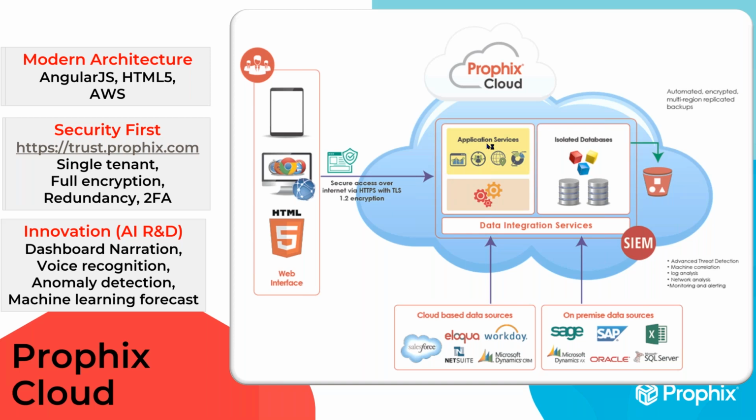Let me jump in, Rob. The Prophix solution is just like the Tableau solution, only a cloud solution. Even Tableau is moving off on premise. So that's the whole direction of the industry. We're even doing the government of Barbados, the whole financial system is in the cloud.